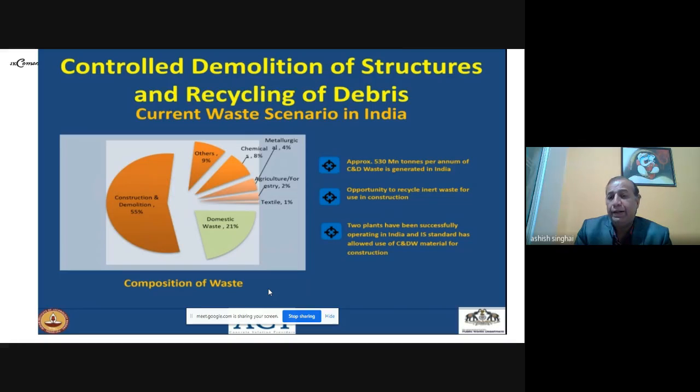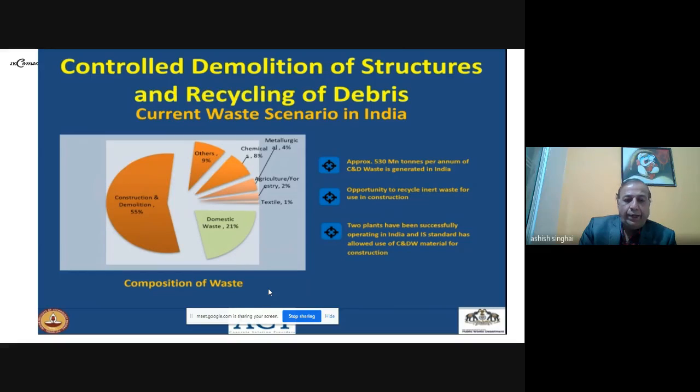Second point is that there is an opportunity to recycle inert waste also, for use in construction. And third is, we currently have about 2 plants in operation in Delhi, but there is a need to have many more such plants across the geography of India.